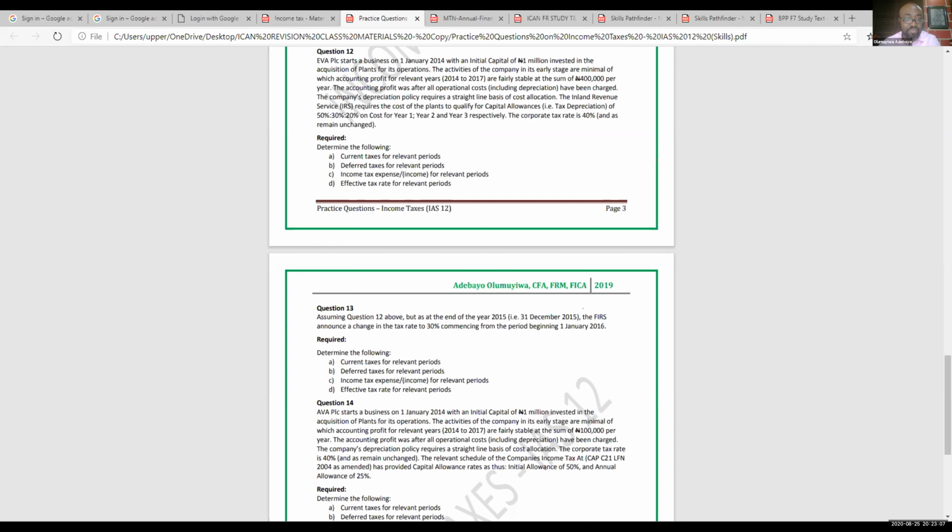Okay, to do that, question 12A, current taxes for 2014 to 2017 (2014, 2015, 2016, and 2017). Now, all figures in thousands.